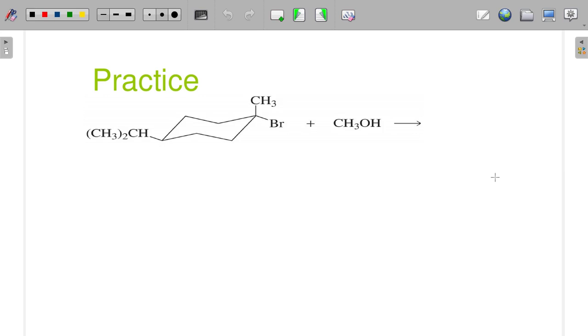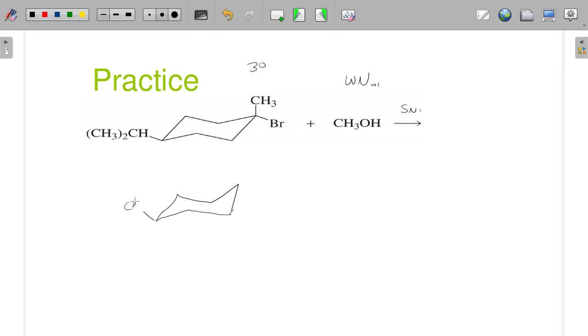All right. How about this one, though? My alkyl halide is tertiary, and this is an alcohol, so that's a weak nucleophile. Simply because of that, we know this one's going to be SN1. So I'm not going to go straight to an answer here. I'm going to focus on what this turns into.